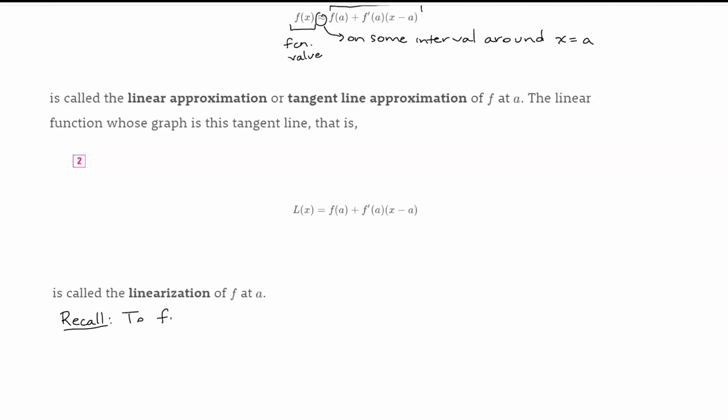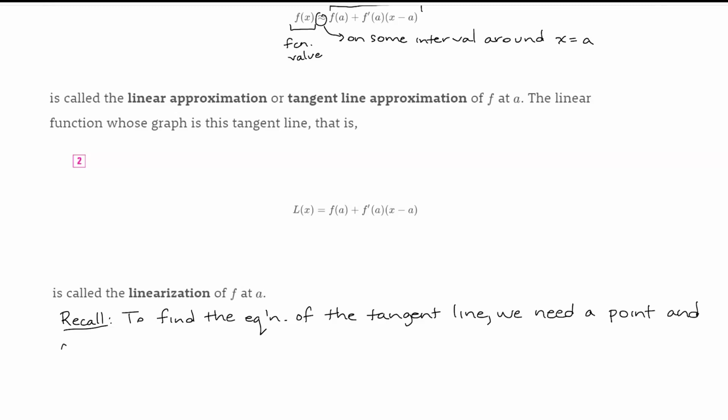Right? So again, let's just remember where this comes from. To find the equation of the tangent line, we need a point and a slope.